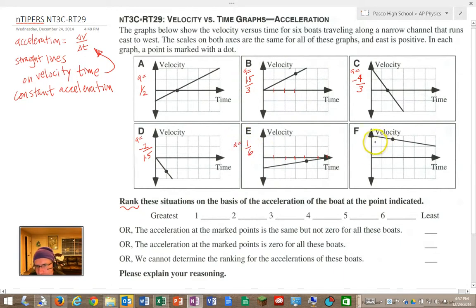And this one has an acceleration of -1 over 1, 2, 3, 4, 5, 6. Okay, so the basis of the acceleration.